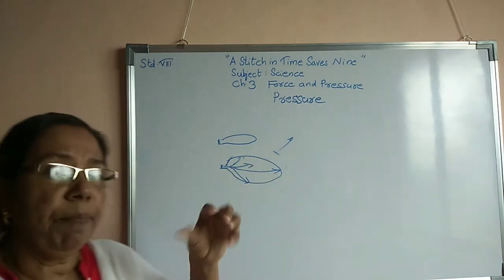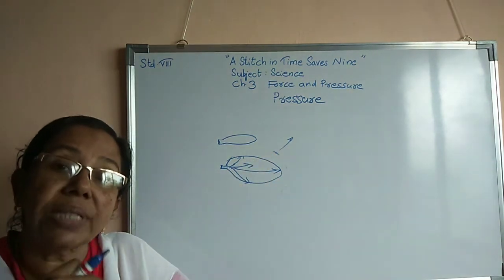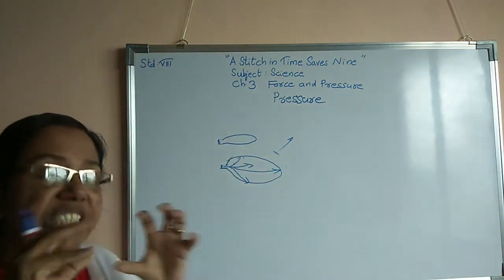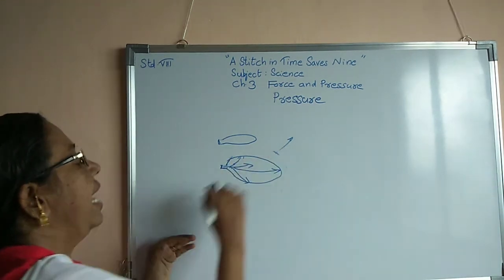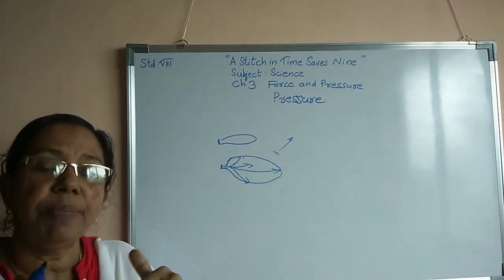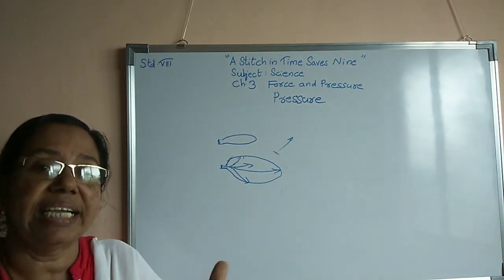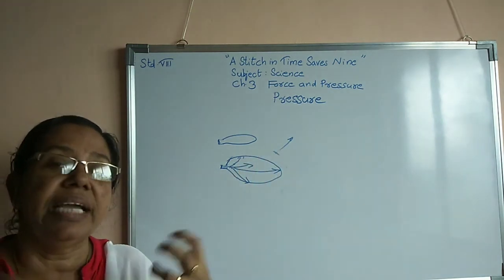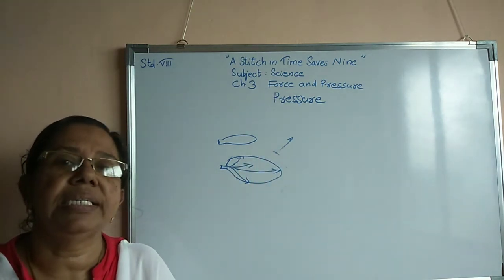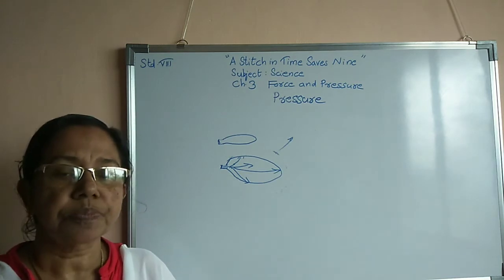Here, when we made a hole, the air came out through it. Similarly, through all surfaces the air wanted to come out. Why? Because the air exerts pressure on all parts of the balloon, but there is no hole, so it is unable to come out.